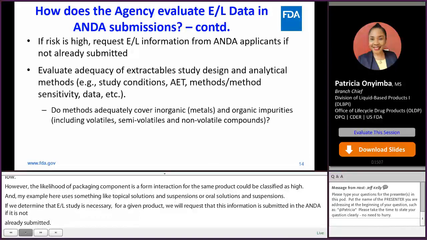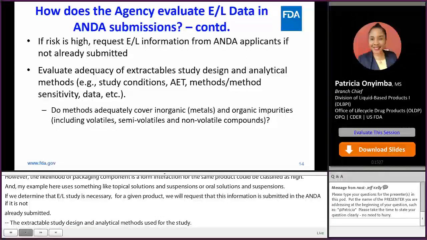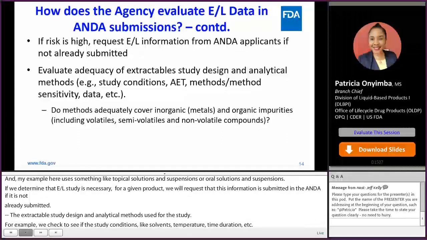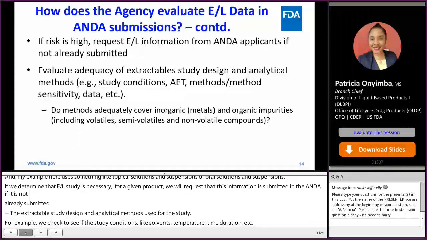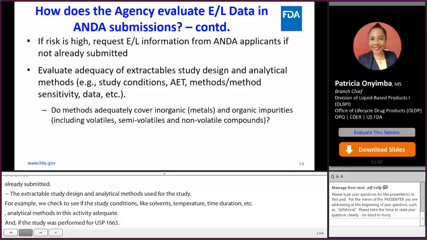We'll evaluate adequacy of the extractable study design and analytical methods used for the study. For example, we check to see if the study conditions like solvents, temperature, time, duration, stoichiometry, etc., analytical methods and method sensitivity are adequate, and if the study was performed per USP 1663. For method sensitivity, are the LOD and LOQ reasonable, and was AET calculated based on correct MDD and SCT?